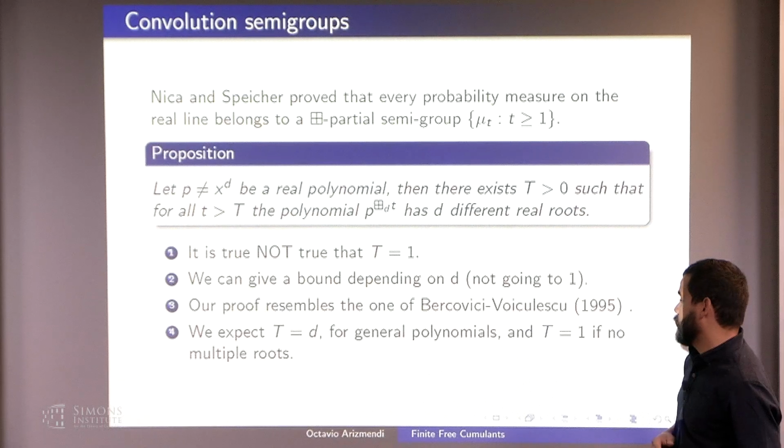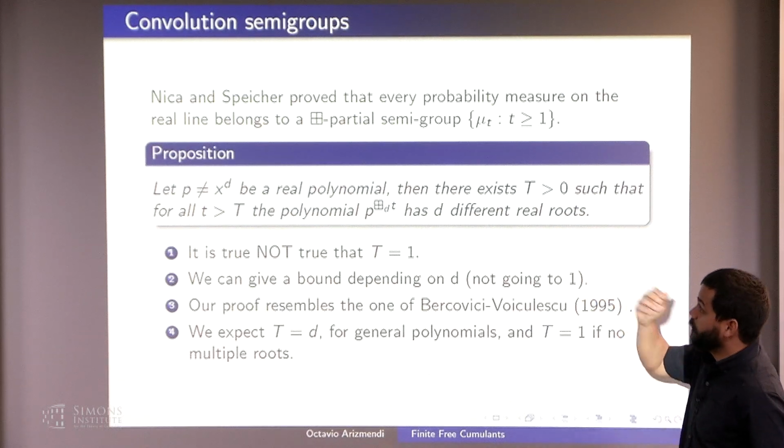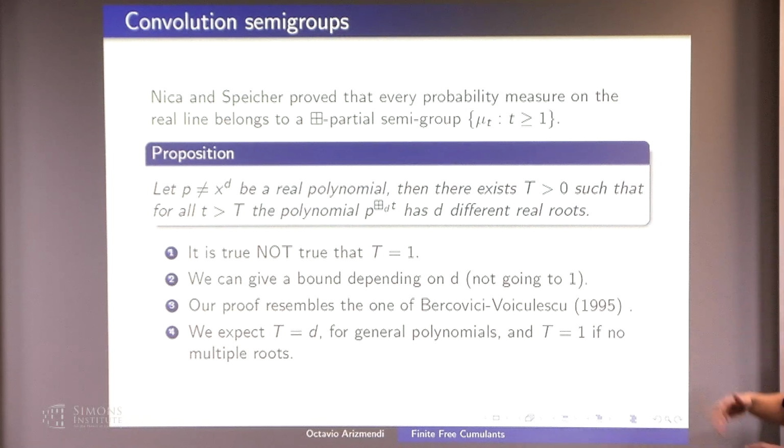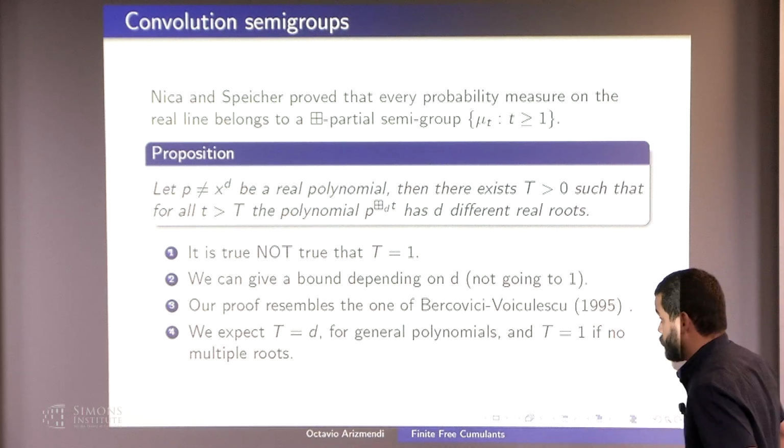And in fact, the proof of Nica and Speicher really cannot be translated here, because it relies on some relation between free multiplicative convolution and additive convolution, in fact free multiplicative convolution with a projection. But here this doesn't hold.